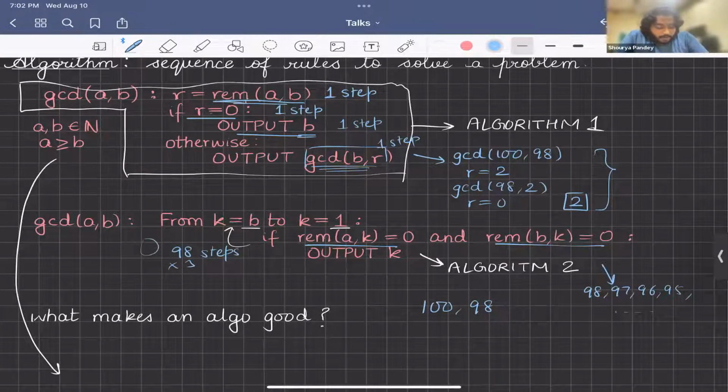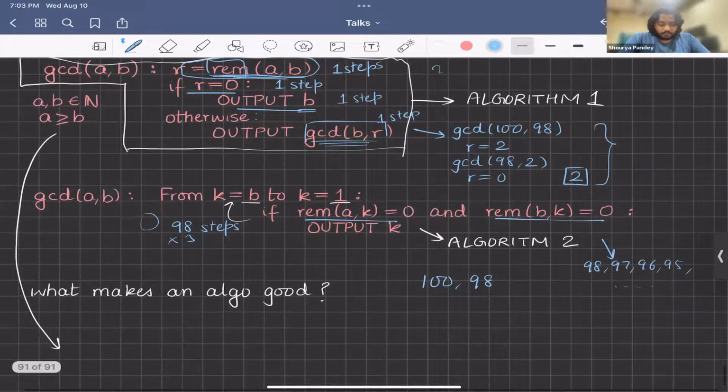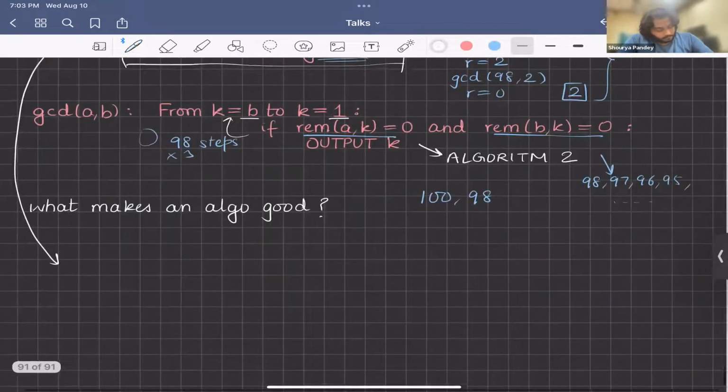Even if finding the remainder takes like 10 steps internally, this is still 20-something steps, and this is like 980 steps. What I'm trying to say is that we can think of these simple operations as one step, and so we can count how many steps this algorithm takes.